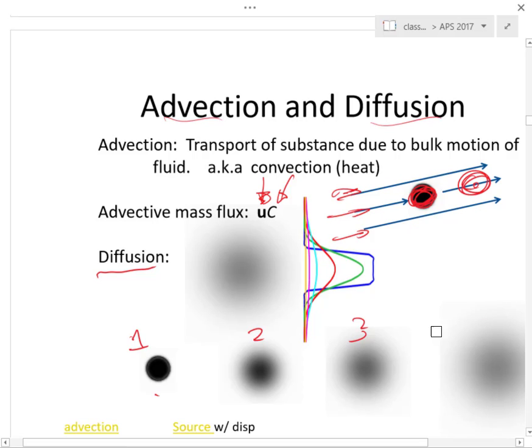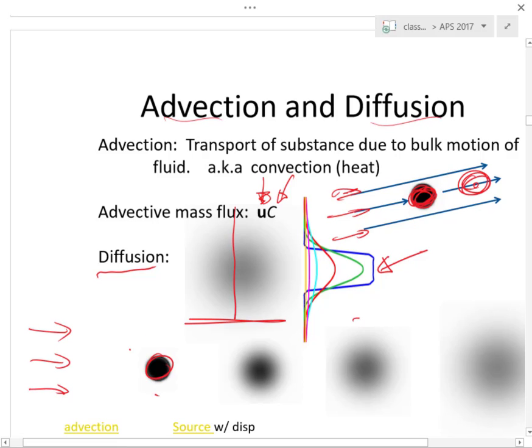Okay, so that's the diffusion process, and here I show this mass that's spread out at the end. This plot here would be the concentration profiles at different times through a point right there. Okay, so there's diffusion and advection, and then what I'm showing down here at the bottom would be a situation where we have flow.